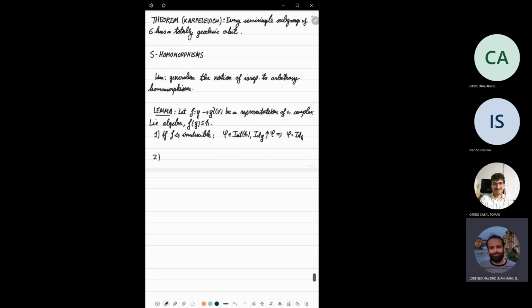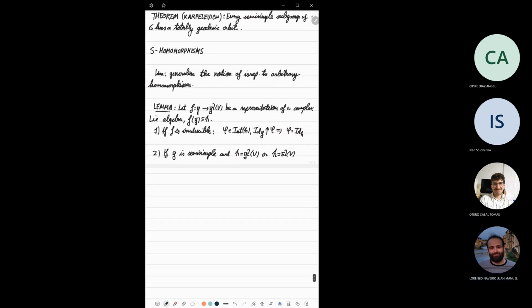And now, in the case that G is semisimple, and our target subalgebra is either the whole GL(V) or simply SL(V), then the converse holds.